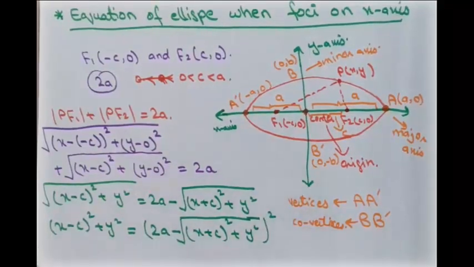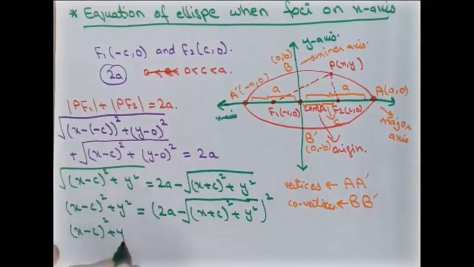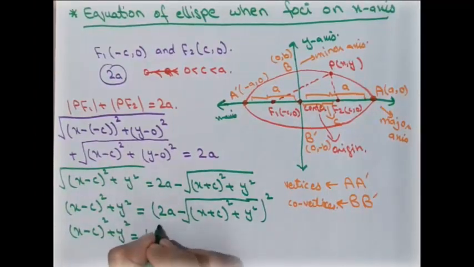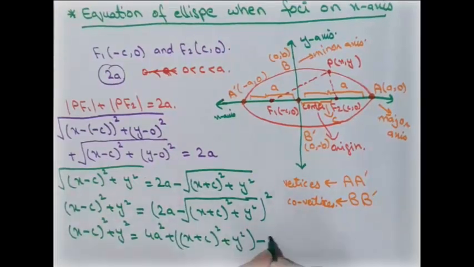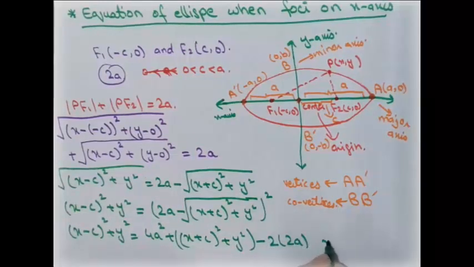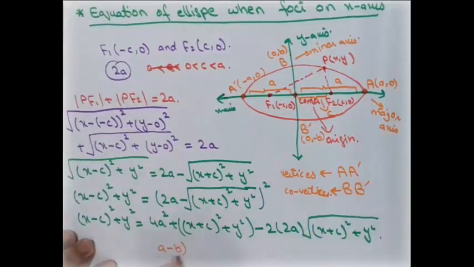Here we apply the formula of (a minus b) squared. So (x minus c) squared plus y squared is equal to 4a squared plus (x plus c) squared plus y squared, and the sign is minus 2a times the square root of (x plus c) squared plus y squared. Here we use (a minus b) squared, which is equal to a squared plus b squared minus 2ab.